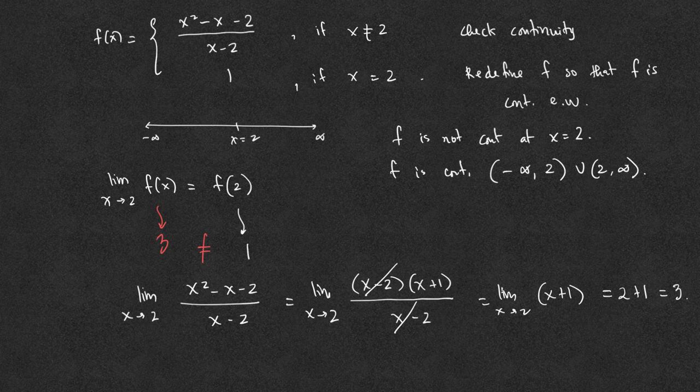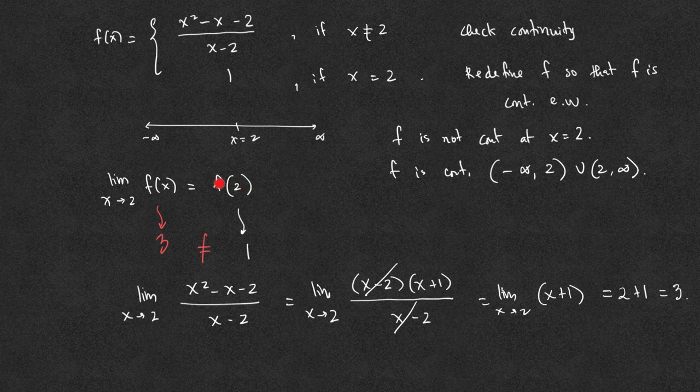And so how do we define this so that this function is continuous everywhere? Now, for the function to be continuous at x equals 2, the limit needs to agree with the functional value.